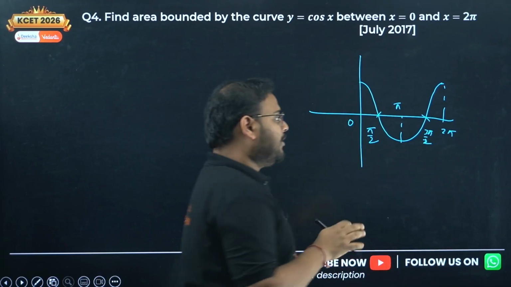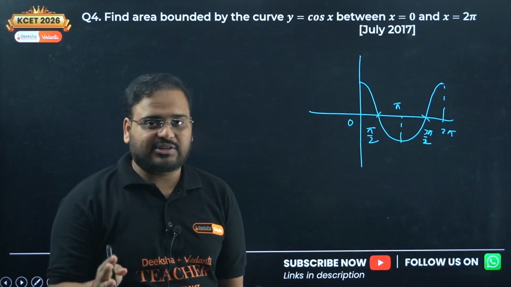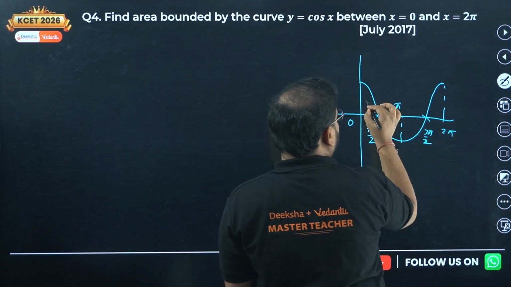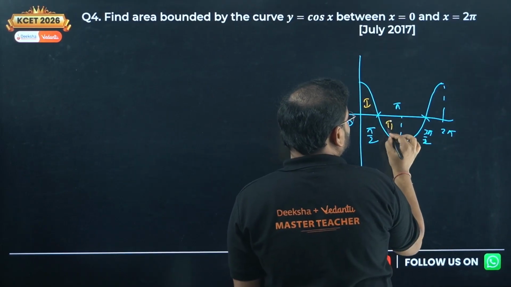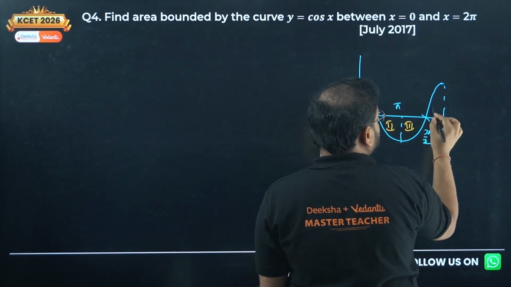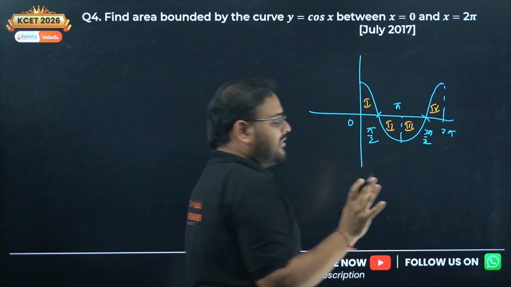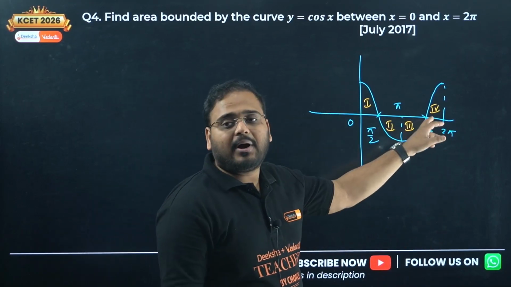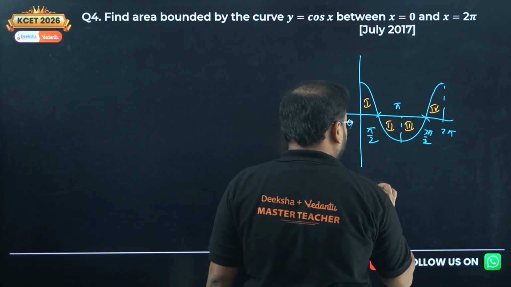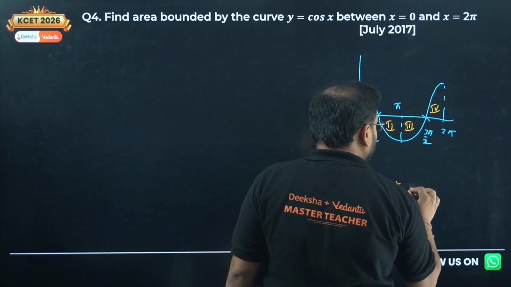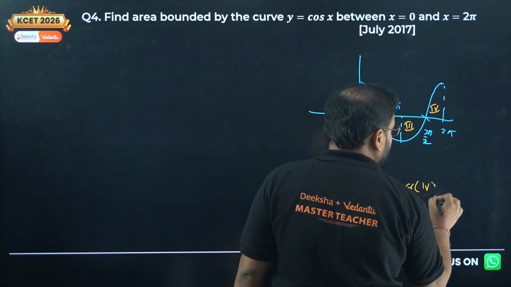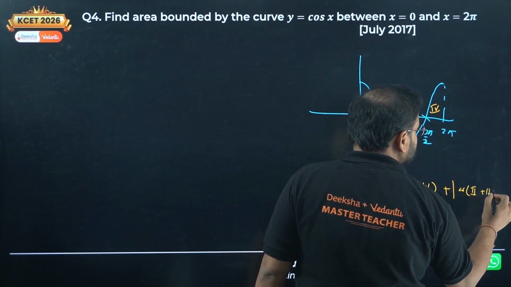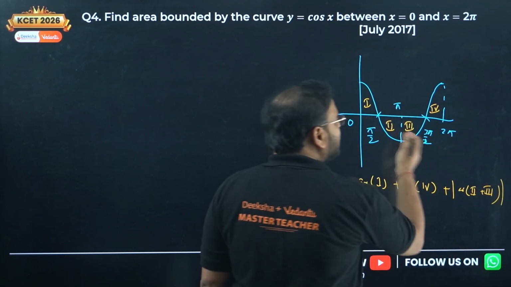If you break it down into 4 sections, you'll have section 1, section 2, section 3 and section 4. Now there is a way to do this integration as area of part 1 plus area of part 4, and plus modulus of area of part 2 plus 3. Why that? Because 2 and 3 will be negative.